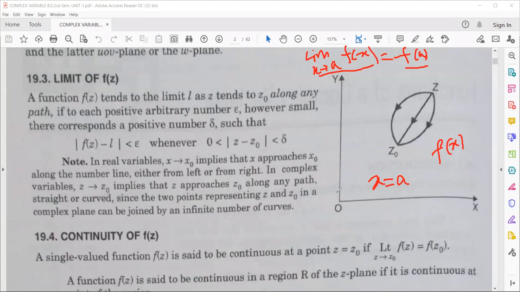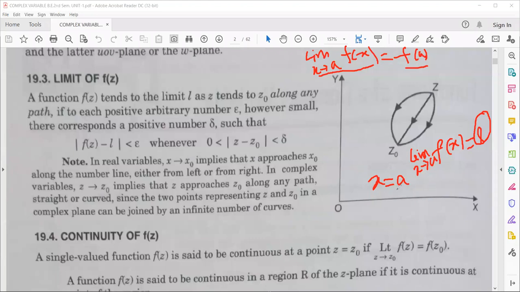So how will you check the continuity? First you find its limit when x tends to a. Suppose its limit is equal to L. So this is your limiting value of the function when x approaches a.